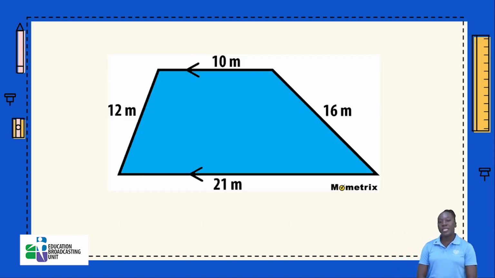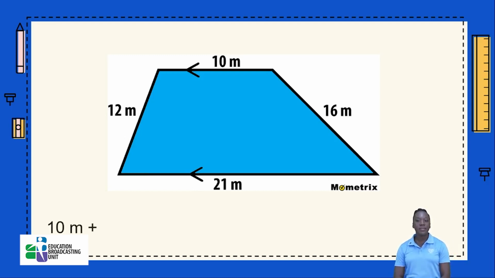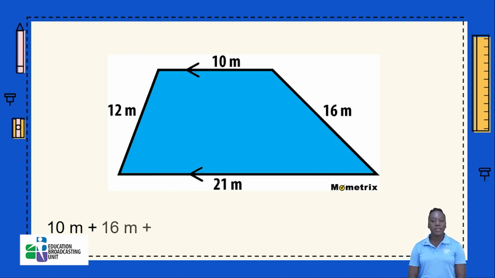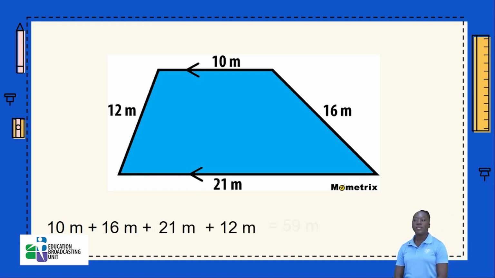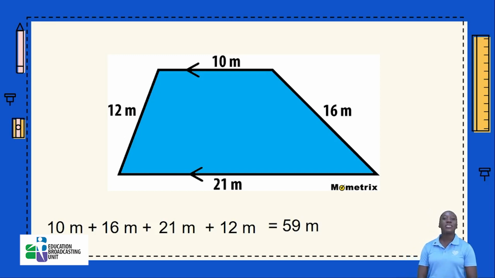For this quadrilateral, known as a trapezium, we follow the exact same steps. By adding all the sides, we can find the perimeter, and in this case, we will simply add 10 meters plus 16 meters plus 21 meters plus 12 meters to give us a total of 59. But remember, not just 59. That would be 59 meters altogether.